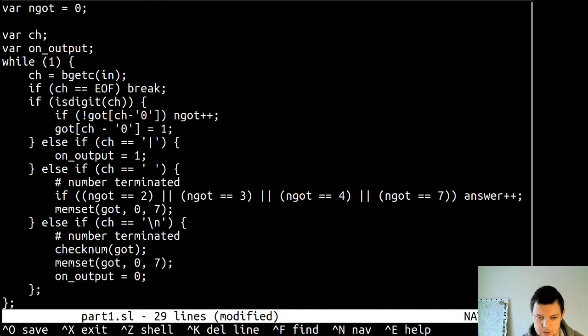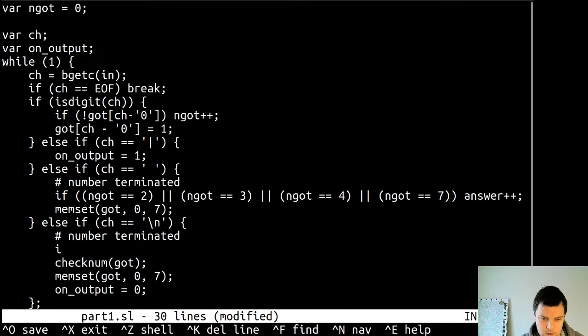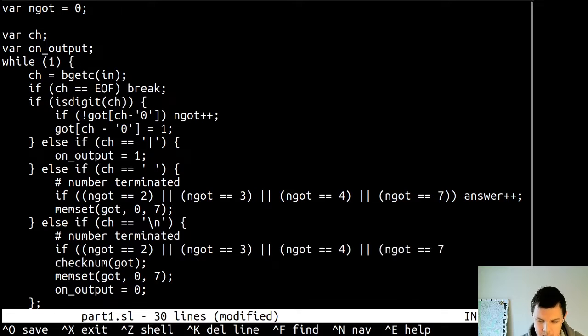Answer plus plus. Ugh, now I have to do the same thing. I don't have any copy and paste, else I would have either copy and pasted it or put it in a function.